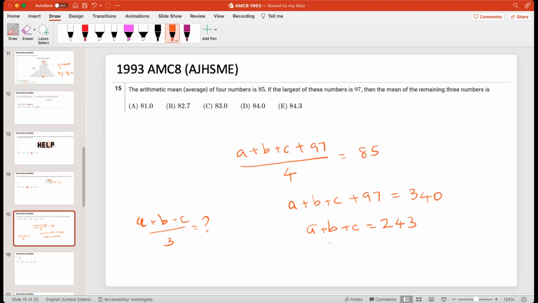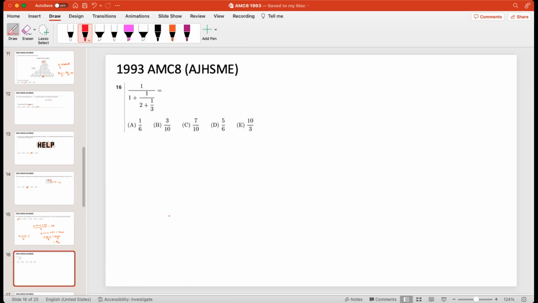Okay, so A plus B plus C by 3 will be this by 3, which is going to be, this divisible by 3. So 8 3s are 24 and 1. So this is going to be our answer. This is A plus B plus C by 3, 81. A. Going to next question.